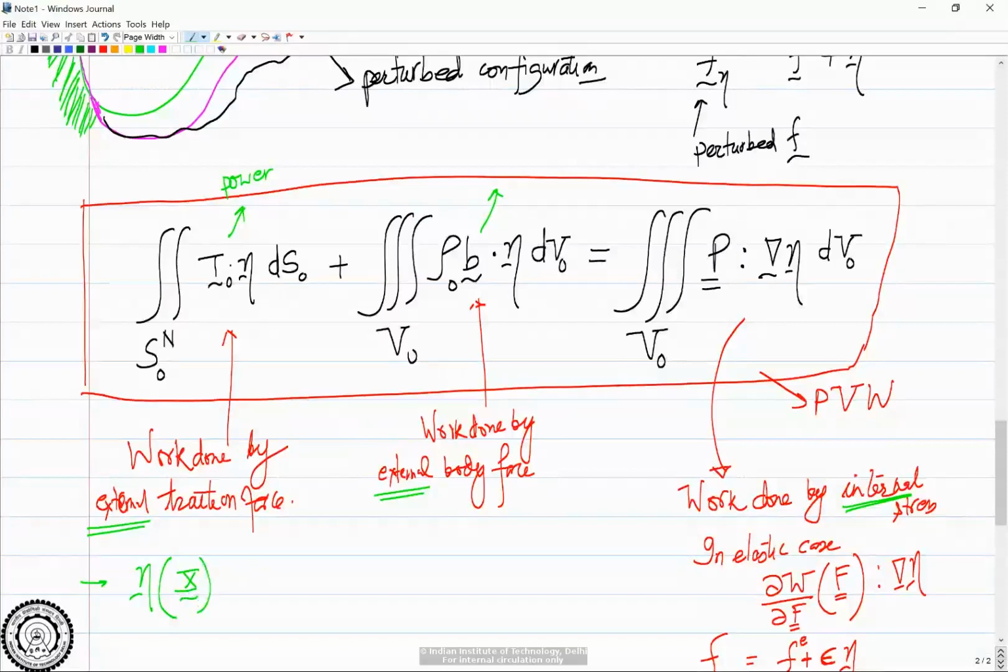As I told you, it is imposed by you. You can apply whatever you want. It just has to satisfy that admissibility criteria. So eta is arbitrary. It just has to satisfy admissibility.